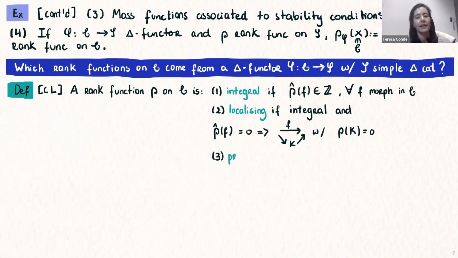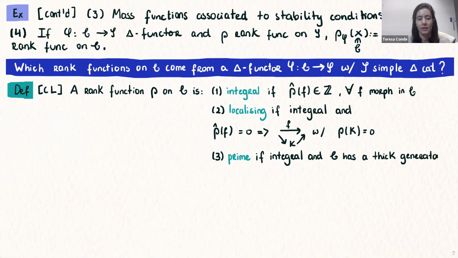And lastly, we say that a rank function is prime if it is integral, and if C has some thick generator X such that rho of X is 1. So this is a normalization property, and all these concepts were introduced in the paper by Chuang and Lazarev.